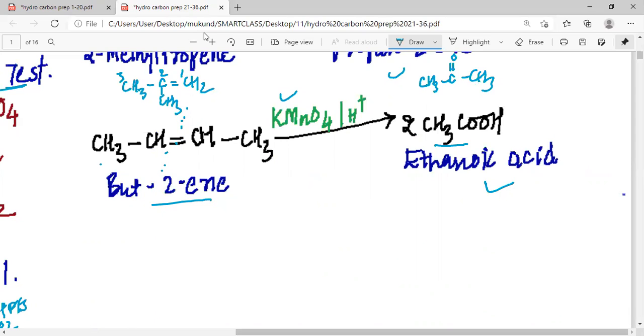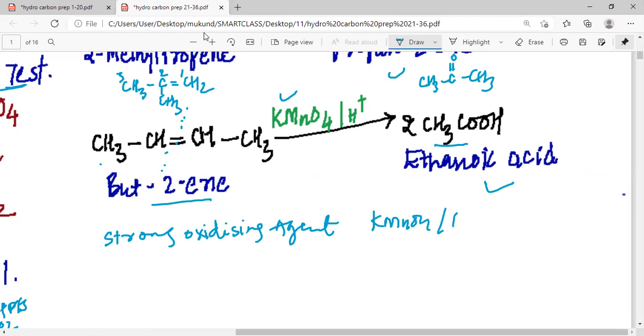So what we study here, my dear students, is that we have some strong oxidizing agents: potassium permanganate, which is acidic, or potassium dichromate, which is acidic.